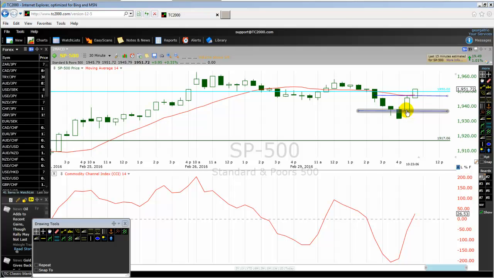So the first 30-minute candle, if the price finds support above the high, in the support zone, not in a resistance zone, we give priority to bullish signal. If it comes back below the low of the 30-minute candle, below a support level, we give priority to bearish signal. Very simple.